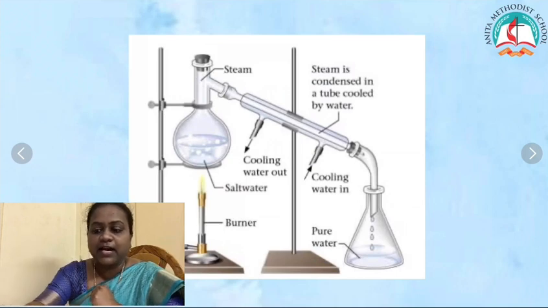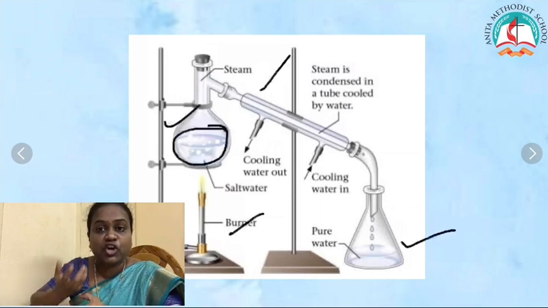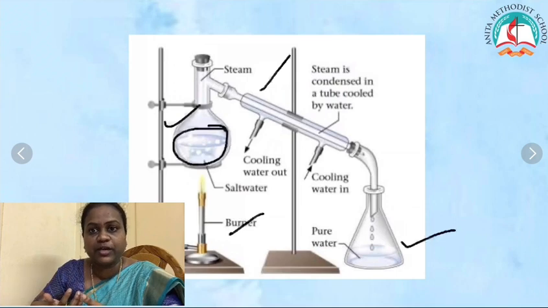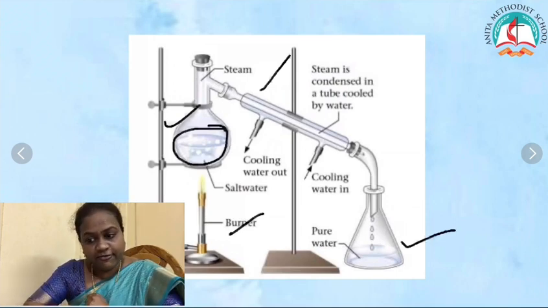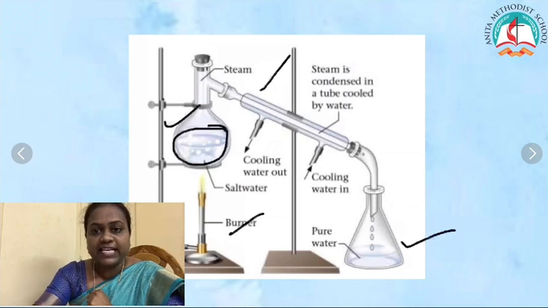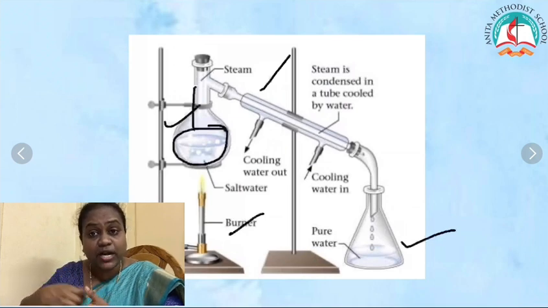See now, in this process, the salt water, which is a solution, is added in the distillation flask, and the burner is kept at the bottom. When the solution is heated, what happens?